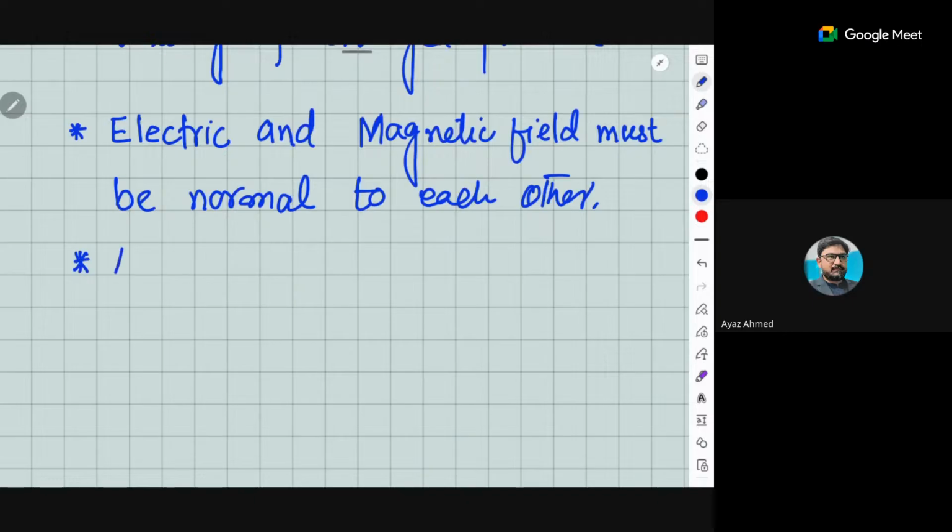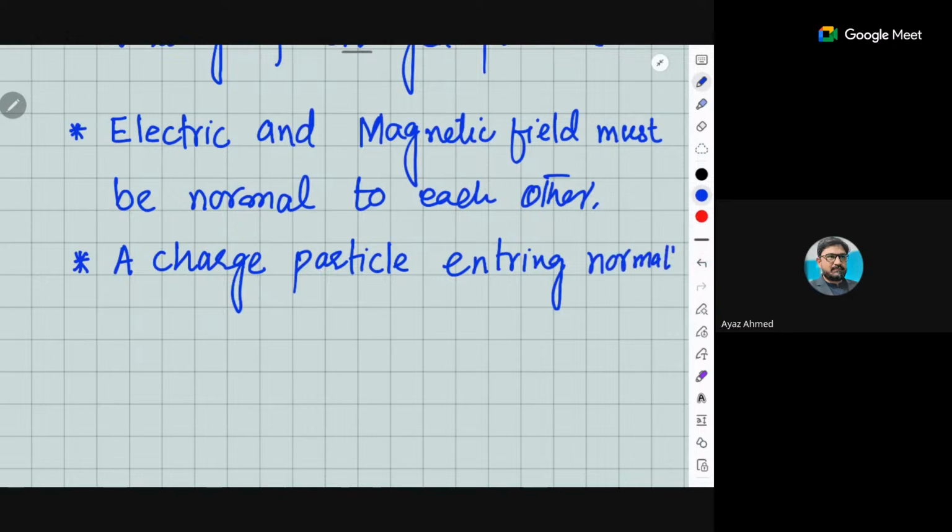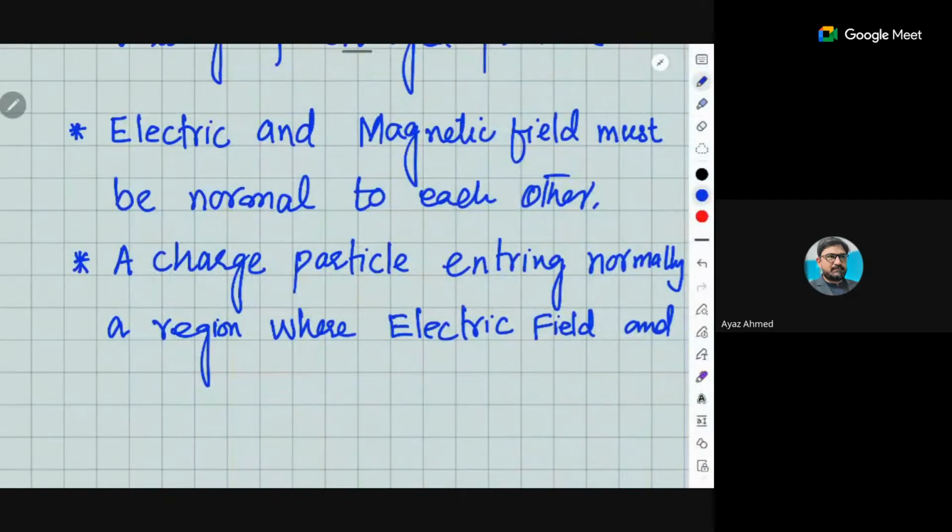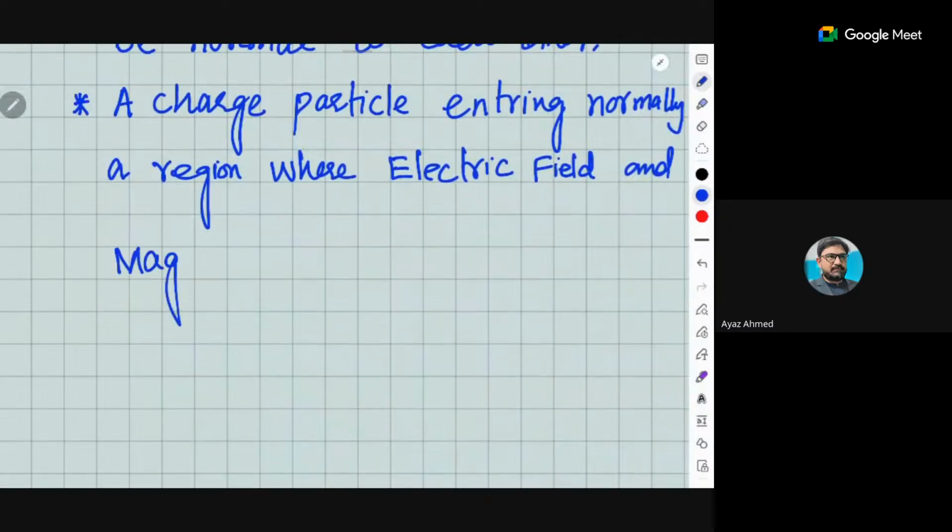Fourth thing, a charged particle entering normally a region where electric field, I'm talking about electric field, not force, and magnetic field are normal to each other.